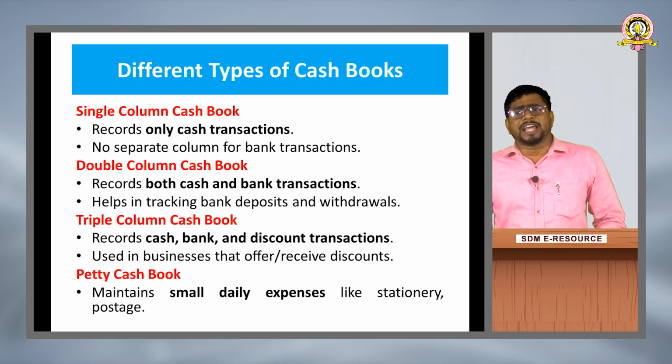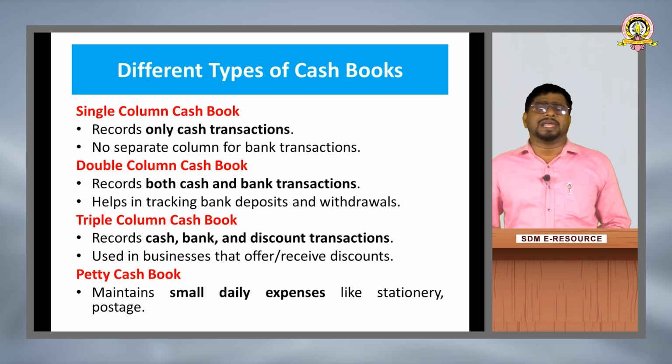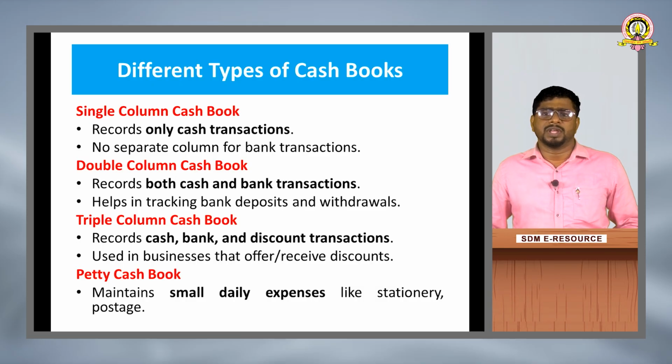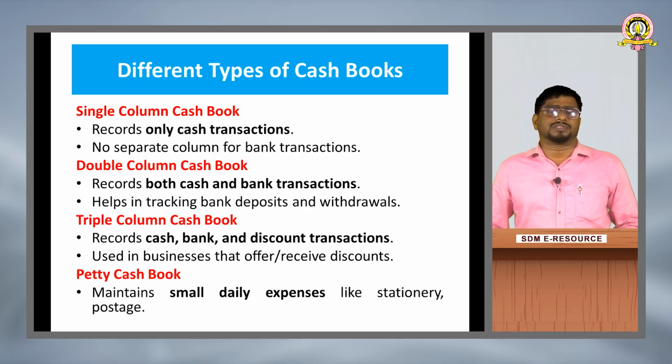We have different types of cash book. Starting with the single column cash book, it records only cash transactions. Here, there is no separate option for entering bank transactions. Only cash transactions are recorded here. Double column cash book is also called two column cash book. Here it records both cash as well as bank transactions. It helps in tracking bank deposits and withdrawals.